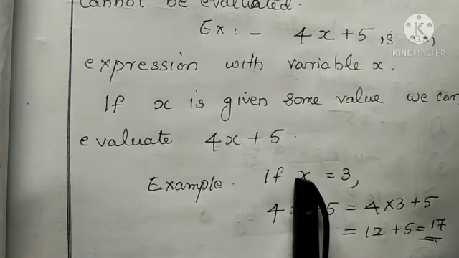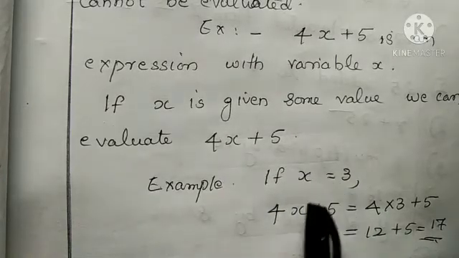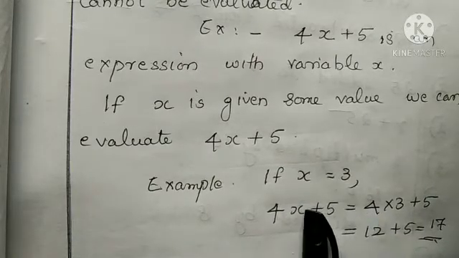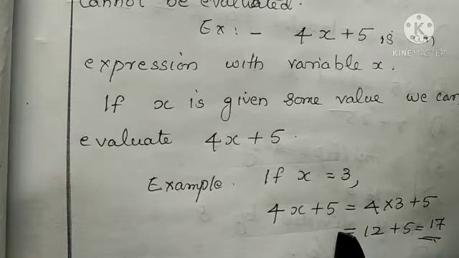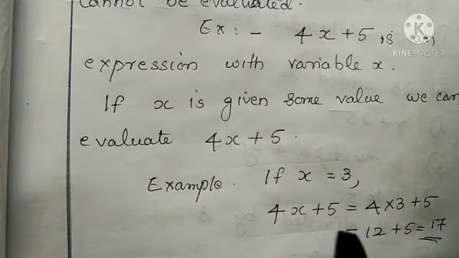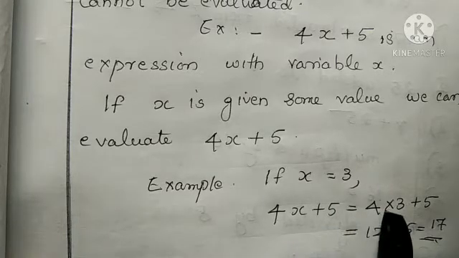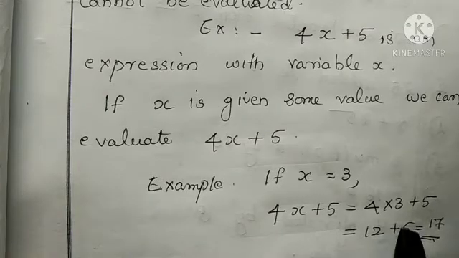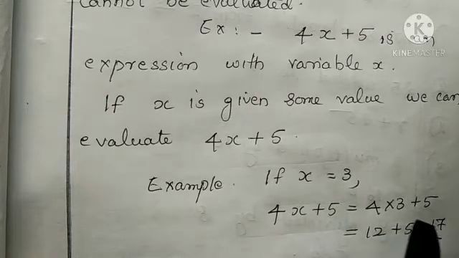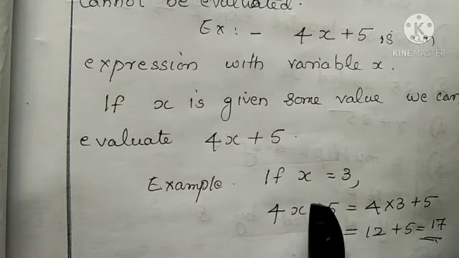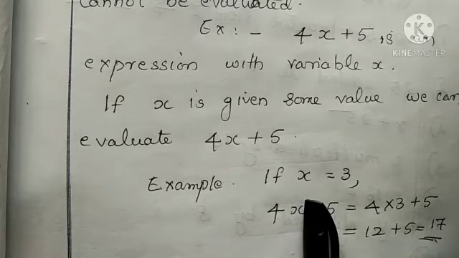It is given here x equal to 3. So 4x we can write as 4 into 3 plus 5. 4 into 3 is 12, plus 5, 17 is the value of this expression. A variable is here, but the value of the variable is given, so we can evaluate the expression. Understood?